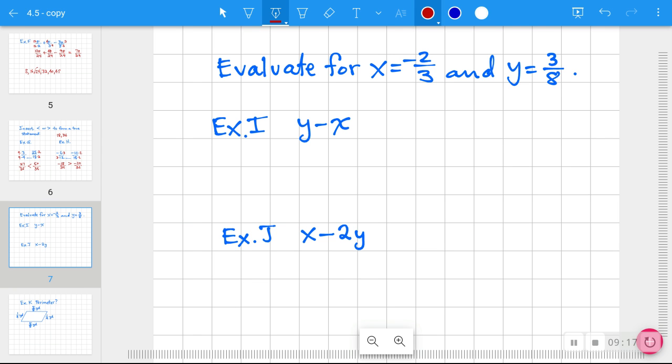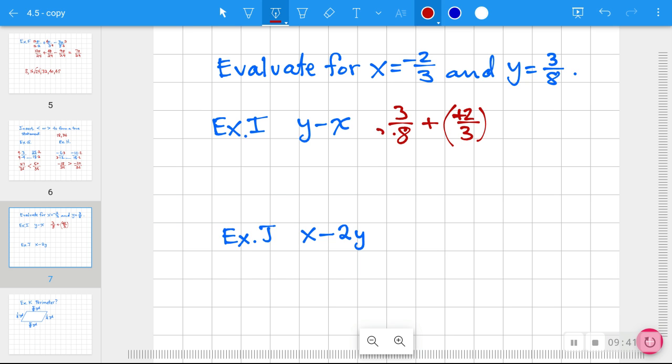Okay, evaluate for x equals 2/3 and y equals 3/8. So we're supposed to do y minus x. Now there's a double negative going on here, so I'll fix that right away. And then I think the multiple of 8 that works with 3 down here would be 24.